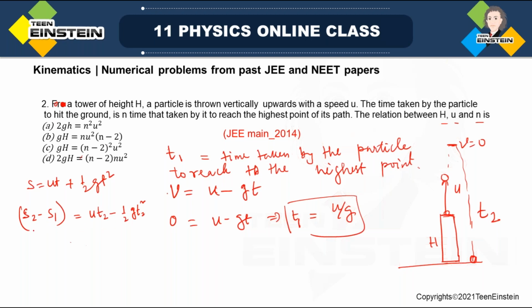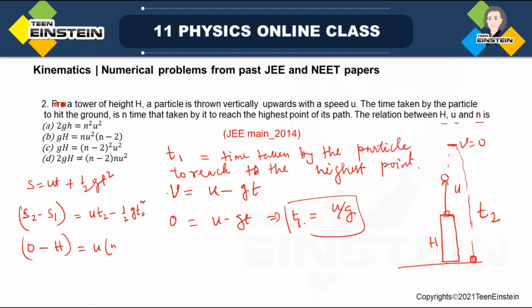If we see, s2 is 0, that is the ground height is 0, and s1 is h, which already was there. What is u? Simply the initial velocity u, and t2 is actually n into t1.